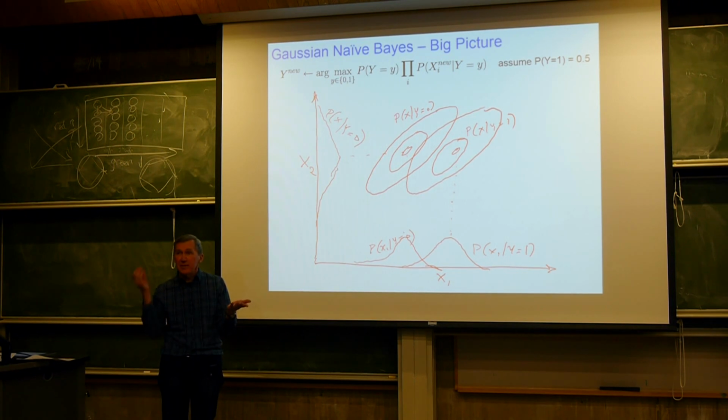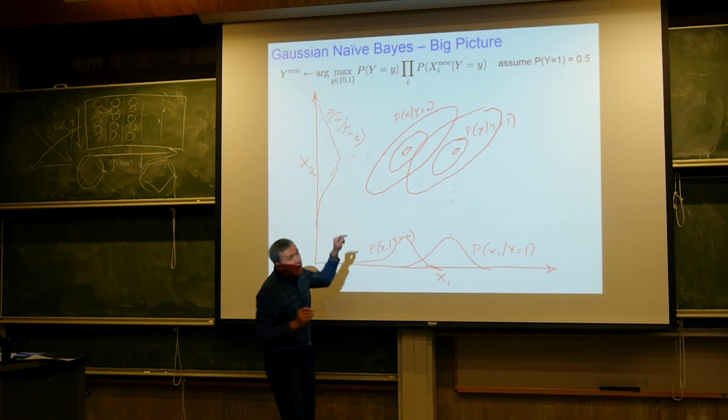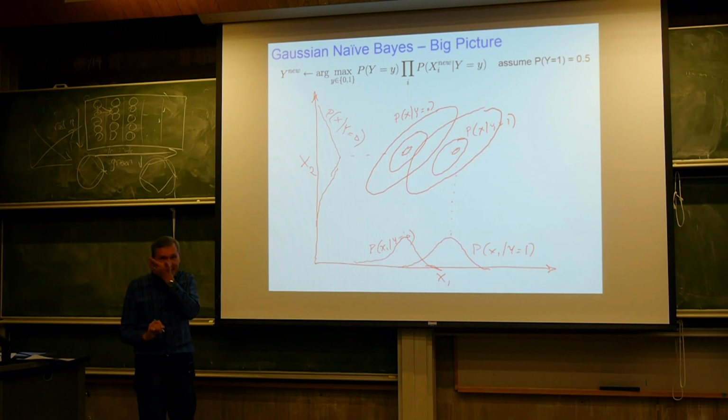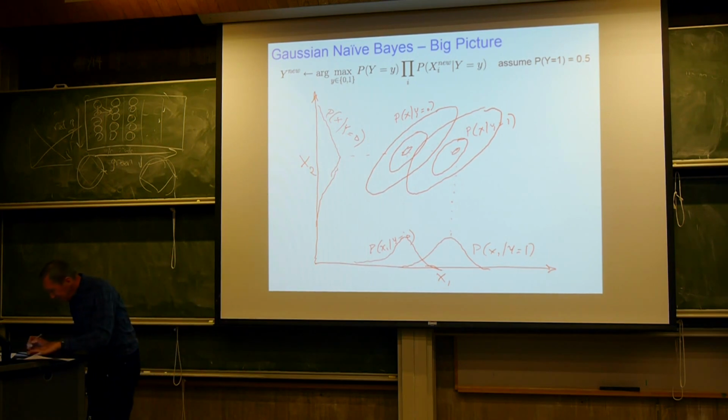You guys should be good at this by now. Assuming that they have the same variance, it should be almost the same thing, but with a little bit of distance in the mean. Oh, I forgot to point out in this artist's conception, these are identical means and identical variances. So it'll be the same thing. This is also p of x2 given y equals 1.